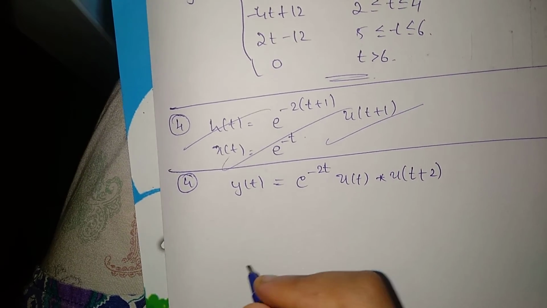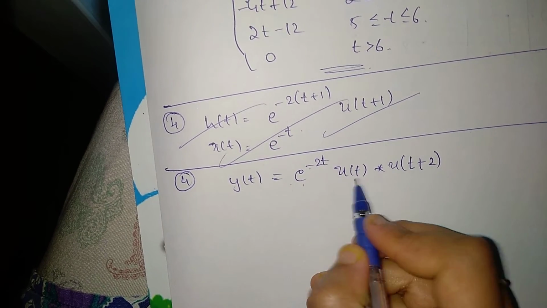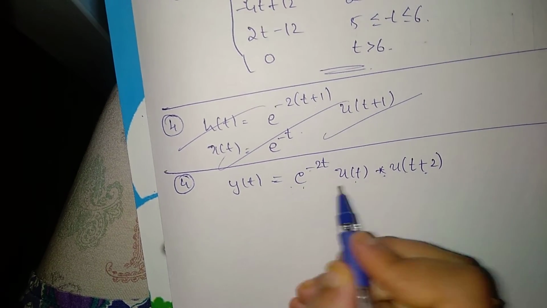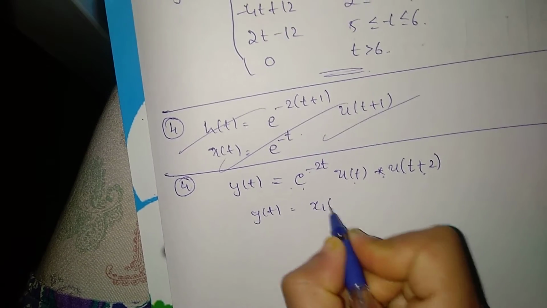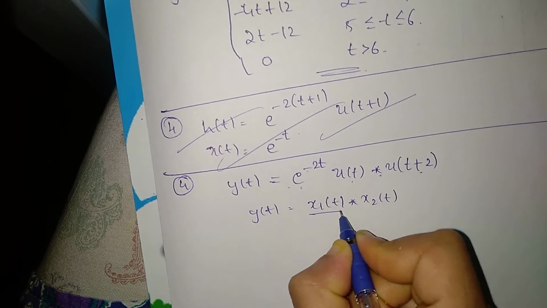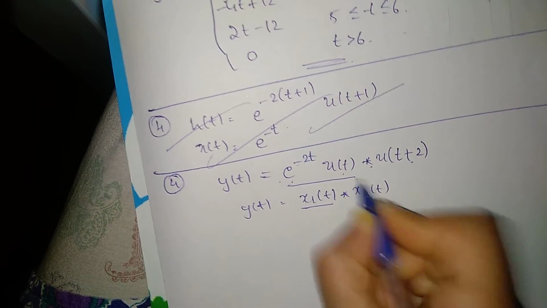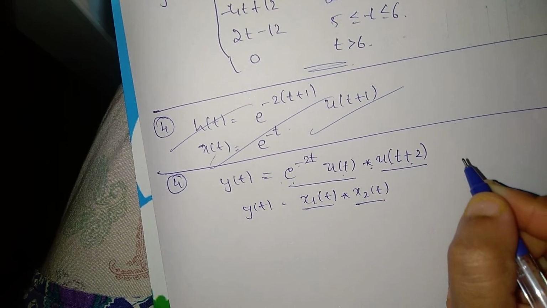The next problem: y of t is given as e to the power of minus 2t u of t convolution u of t plus 2. So we can write y of t as x1 of t convolution with x2 of t. Here x1 of t is e to the power of minus 2t into u of t, and x2 of t is u of t plus 2. Right?